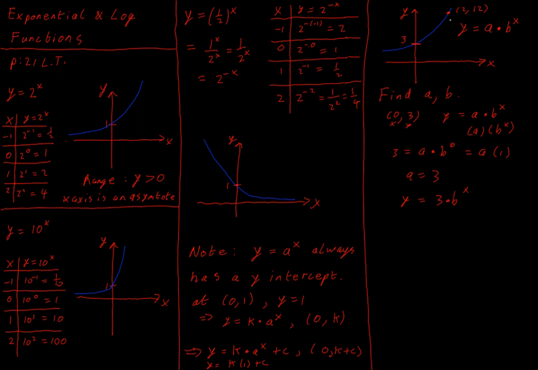Well, we have to be given at least one other point in order to find b, and again we have an x and a y: 2, 12. Just to point out, I went for the initial condition first. I went for when x is 0, because that y-intercept allows me to find the number that is multiplying the exponent. So you should always find the a, the constant multiplied by the exponential, first.